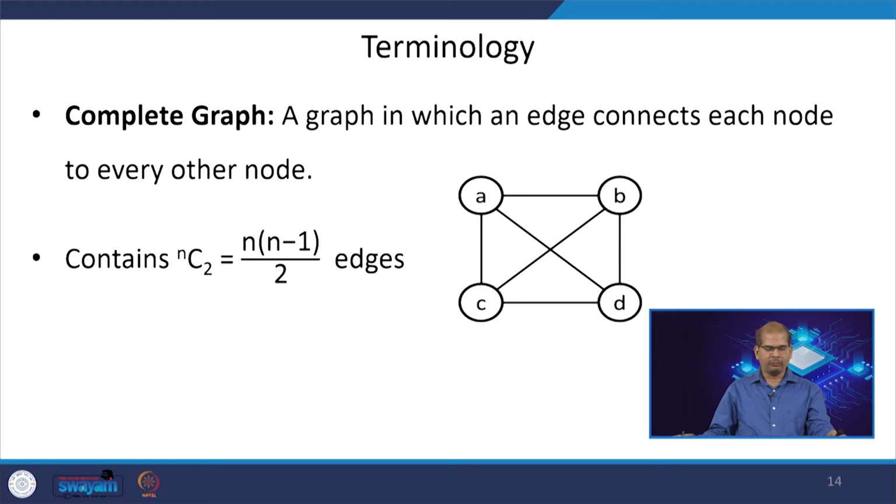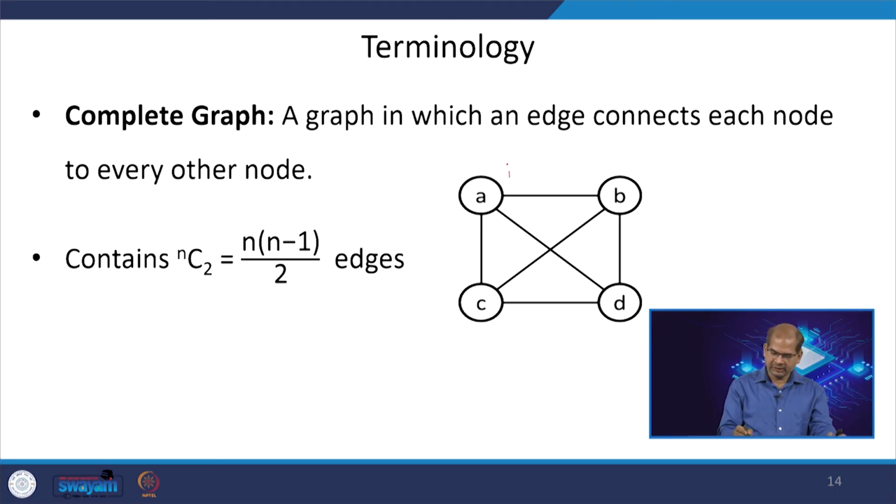Now, we have a complete graph. What is a complete graph? Basically, each and every node is connected with each other; it is a graph in which an edge connects each node to every other node.